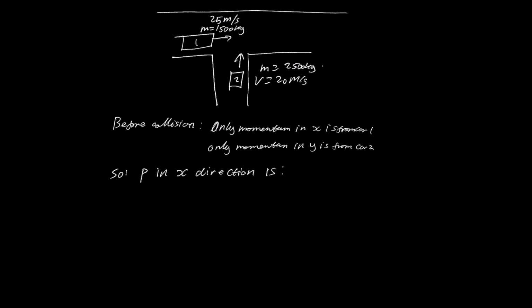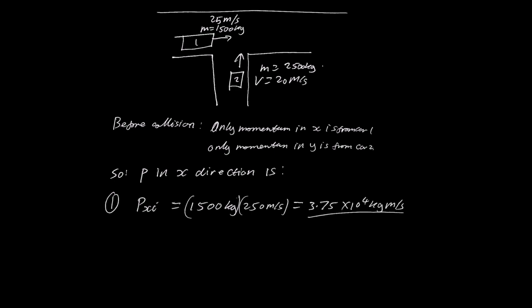So the momentum in the x direction will be just the initial momentum from the x direction. So that means car 1's initial momentum. Remember, that's going to be 1500 kilograms, his mass, times 25 meters per second. That's going to give us 3.75 times 10 to the 4 kilogram meters per second.